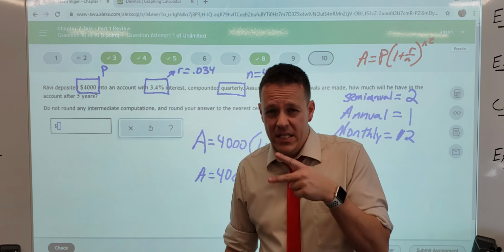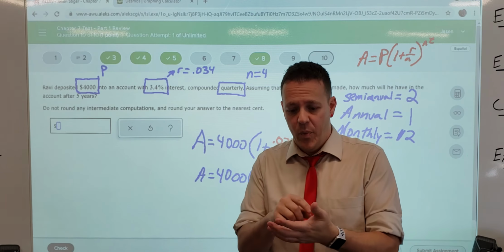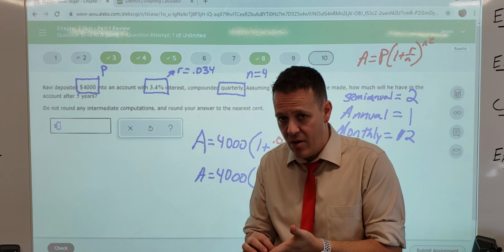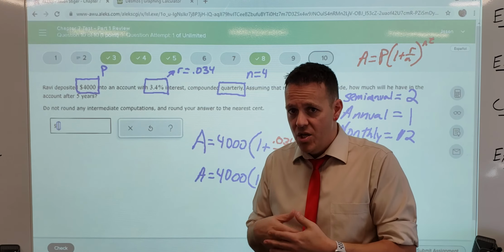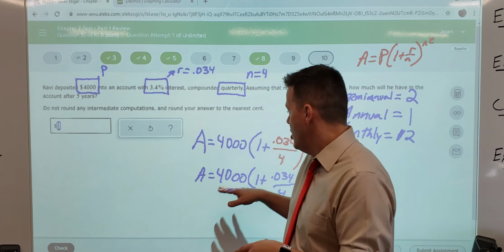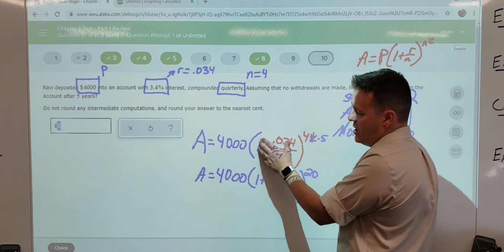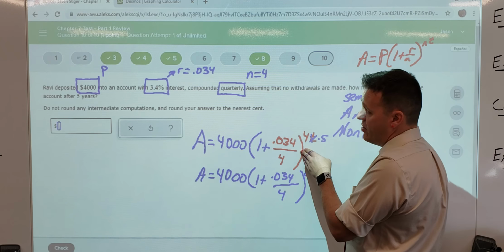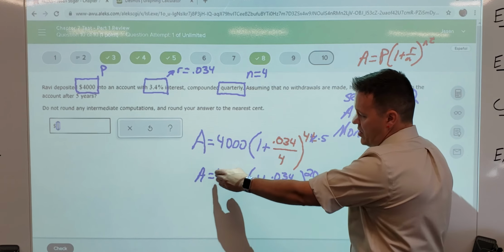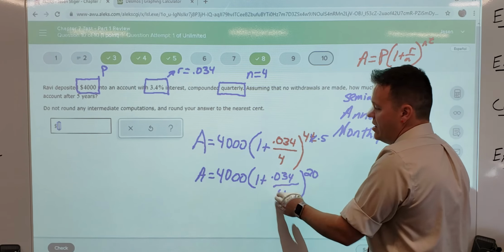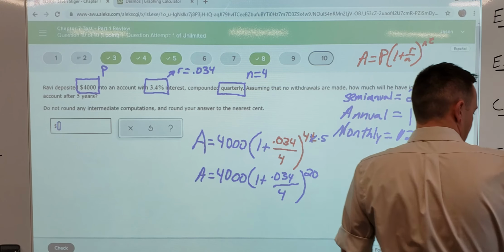I have seen twice today where my students have put this number completely into a calculator and they get it wrong, okay? So what I want to make sure you guys do is when you figure out this calculation, you should do this little calculation first, combine these together in a calculator, all right? And then, ladies and gentlemen, you would have A equals 4,000, and then it would be whatever that number is.